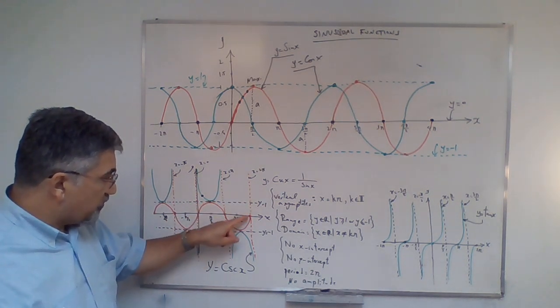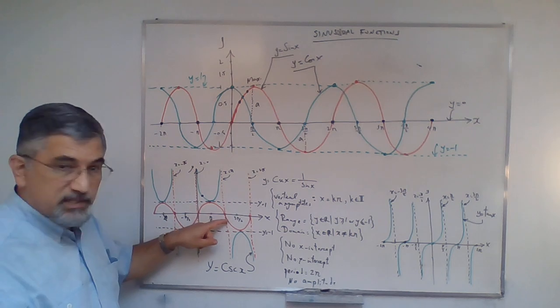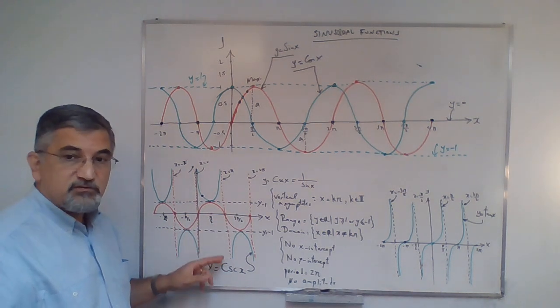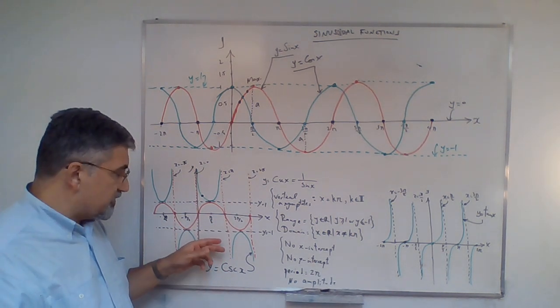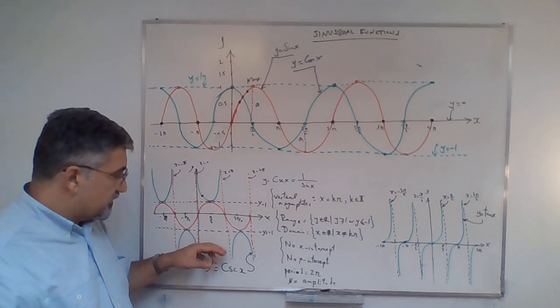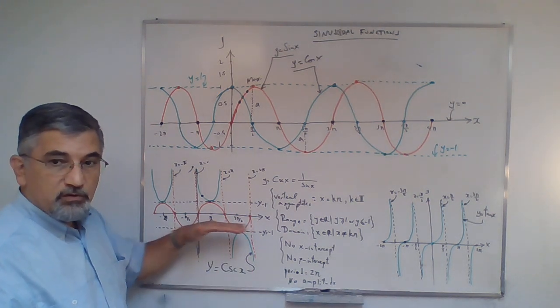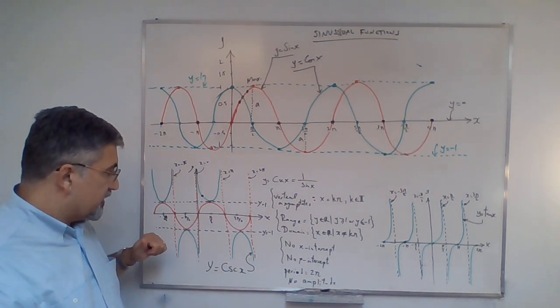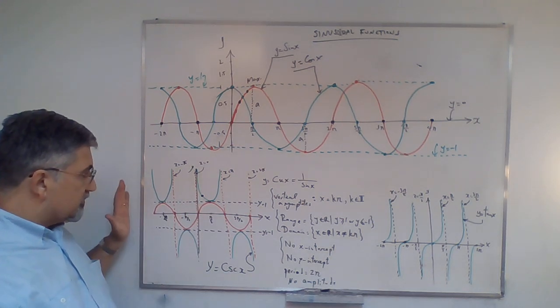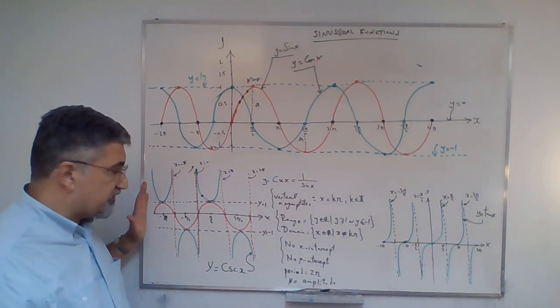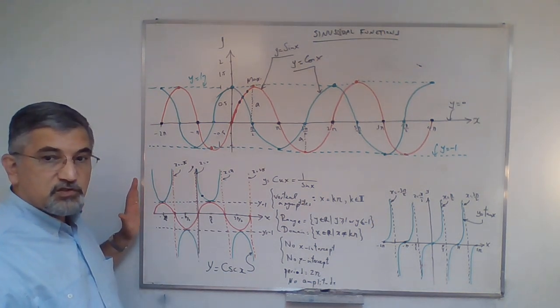And then here in this bottom part, because it's negative, the values of y for the cosecant function would be less than -1, and that's why they are below the horizontal line y equals -1. And this is the same because these graphs are periodic graphs. These functions are periodic functions.